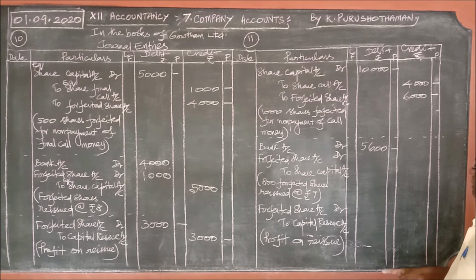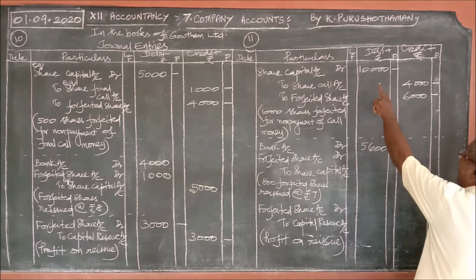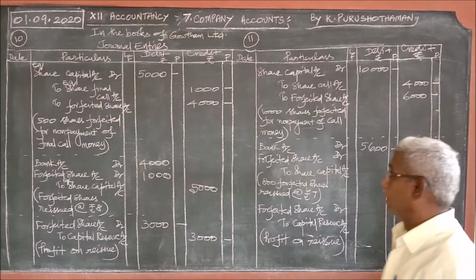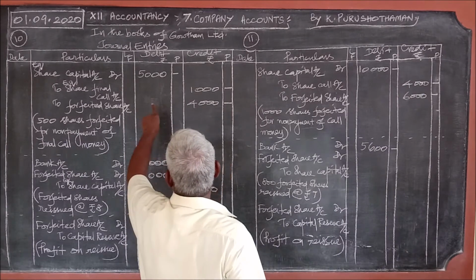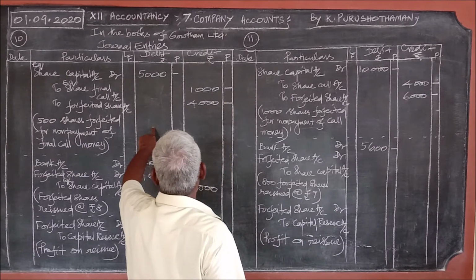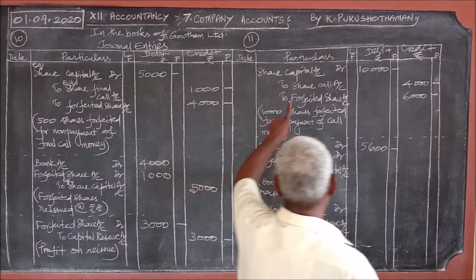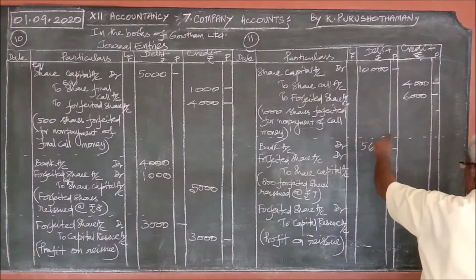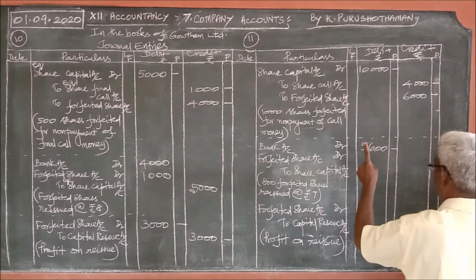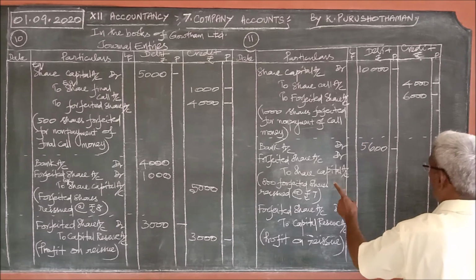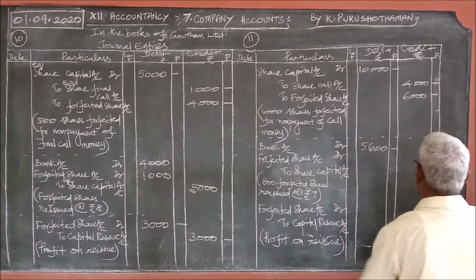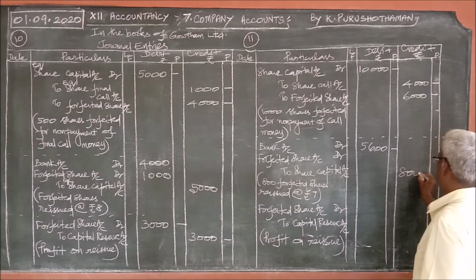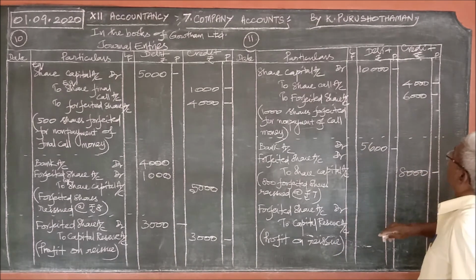Here you should write the share capital, not the same amount. In the earlier problem you wrote the share capital the same because all the 500 forfeited shares were reissued. Here not all the 1000 shares are reissued, only 800 shares are reissued. Therefore, for 800 shares, what is the share capital? 800 into 10, 8,000. 8,000 only you should write.